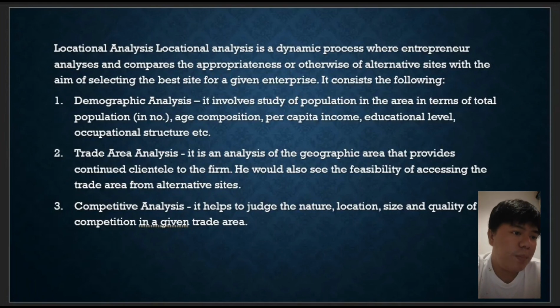Number three, competitive analysis. It helps to judge the nature, location, size, and quality of competition in a given trade area.